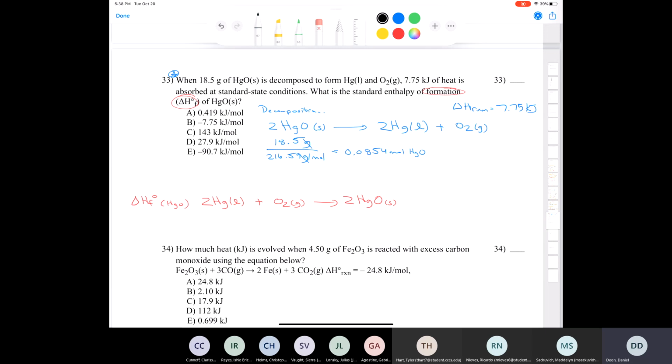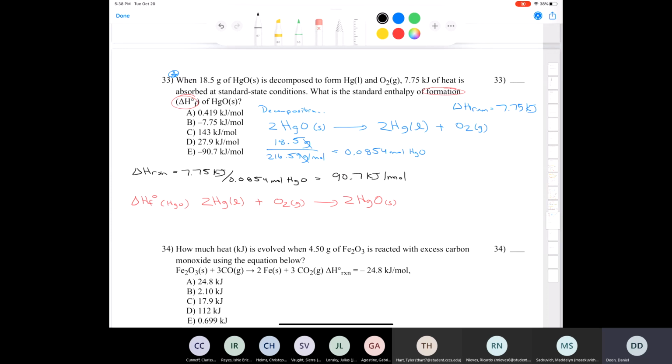So that tells us that our delta H of our reaction is equal to 7.75 kilojoules per 0.0854 moles of HgO, right? So that tells us that the delta H of that reaction in terms of moles is 90.7 kilojoules per mole.